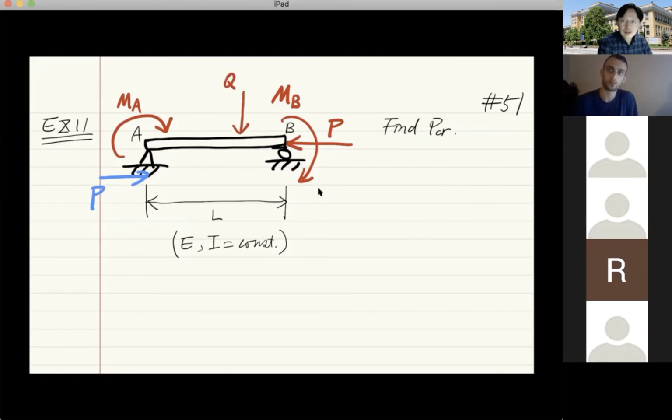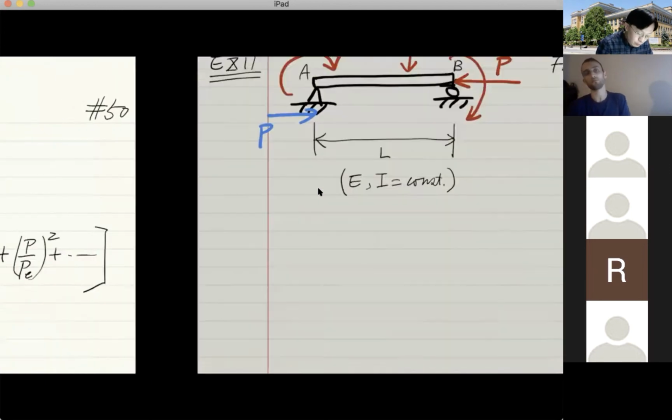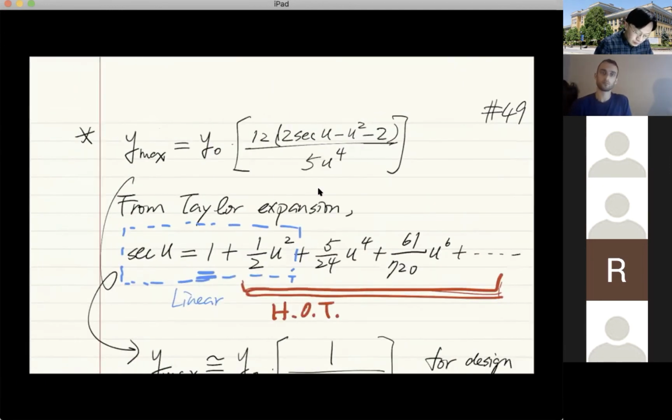If you have combined loading, you can separate them one by one, and then you use the principle of superposition to put them together. However, be careful. In the final solution, like the last case, when we considered the combined effect of axial force and lateral loading, in this case the uniform distributed loading, we purposely separated the linear effect as y naught here and everything nonlinear in the second part.